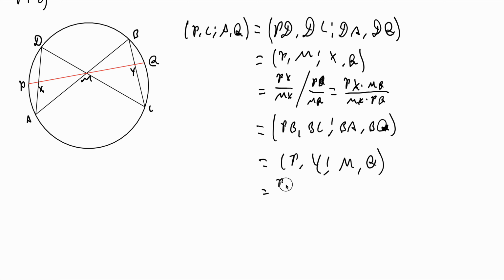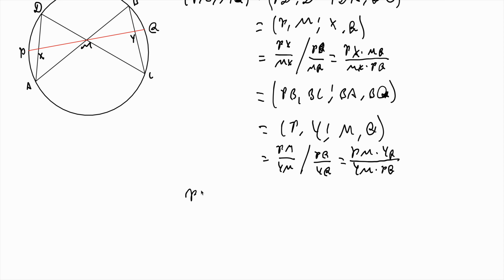Similarly, this is equal to PM over YM divided by PQ over YQ. This equals PM times YQ over YM times PQ. Okay, so we know that these are true. So we know that PX times MQ over MX times PQ equals PM times YQ over YM times PQ.